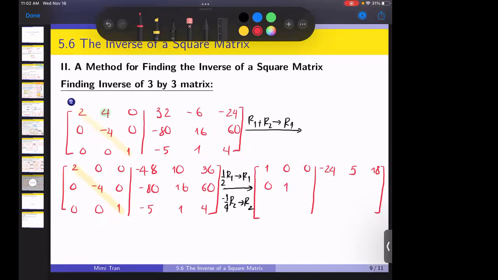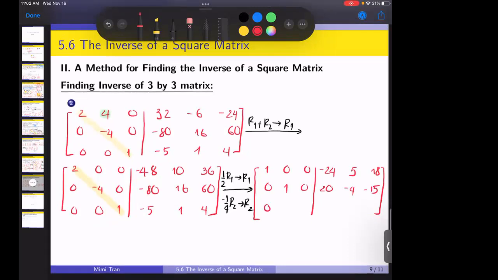Then 0, 1, 0. Negative 80 divided by negative 4 is positive 20. 16 divided by negative 4 is negative 4. 60 divided by negative 4 is negative 15. Yes, negative 15. And then rewrite the third one.